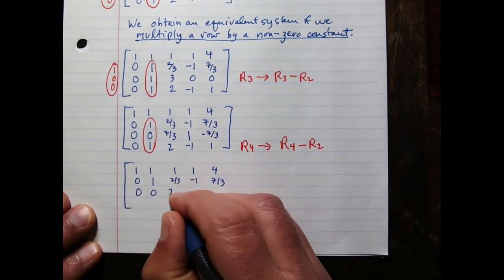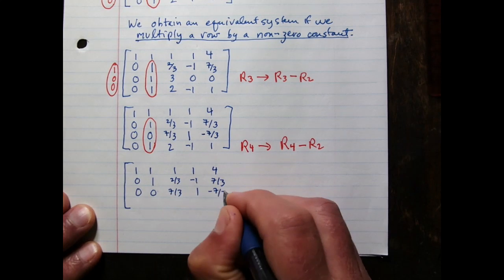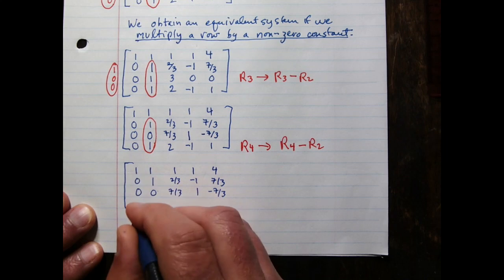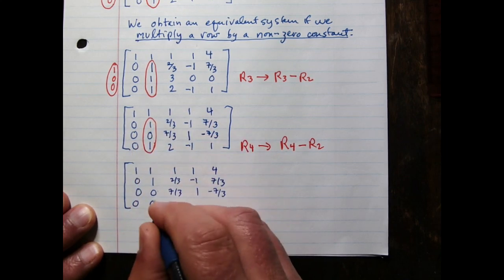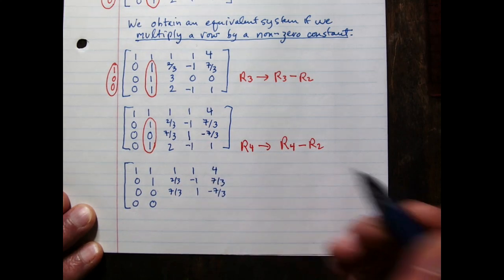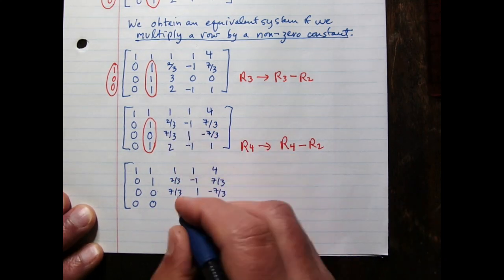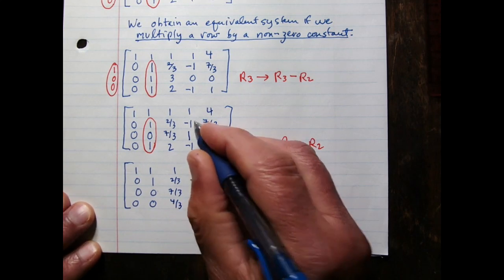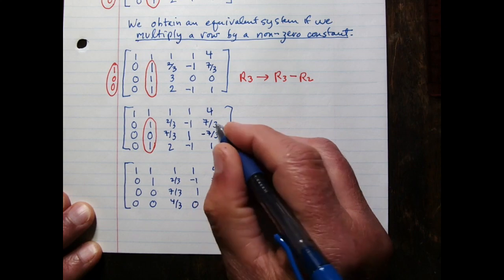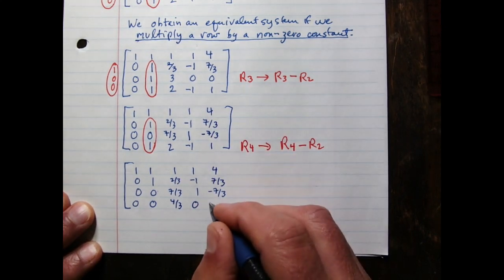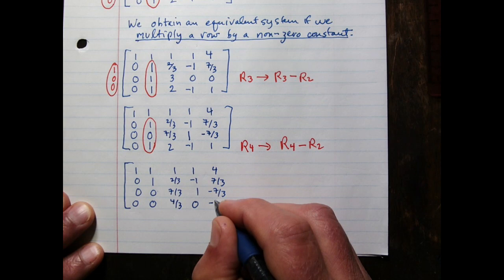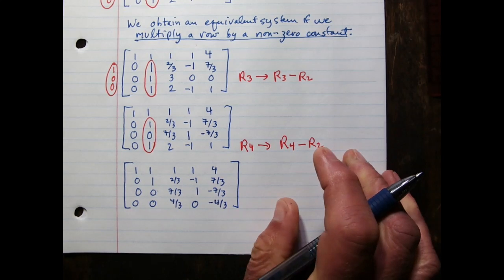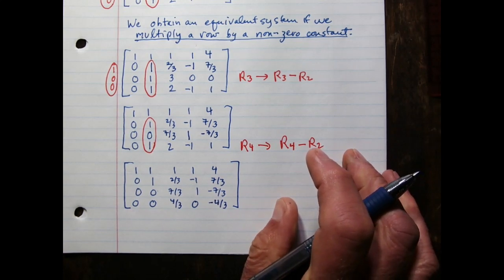And now what happens to row 4? I'm taking row 0 minus 0, 0. 1 minus 1 is 0. That's what I wanted. 2 minus 2/3, 6/3 minus 2/3 is 4/3. Negative 1 minus a negative 1 is negative 1 plus 1 is 0. 1 minus 7/3 is 3/3 minus 7/3 is negative 4/3. So this is where I'm at right now in the process.